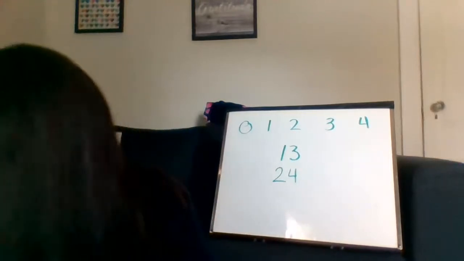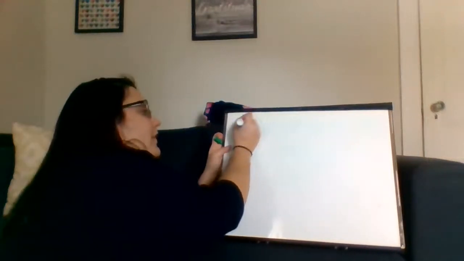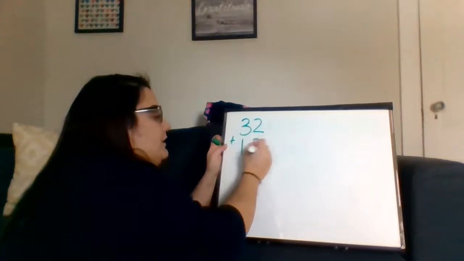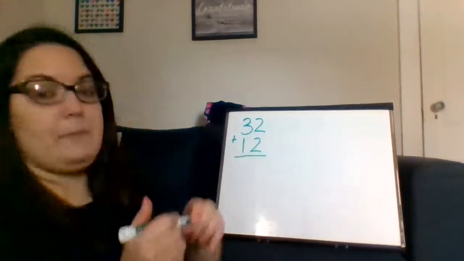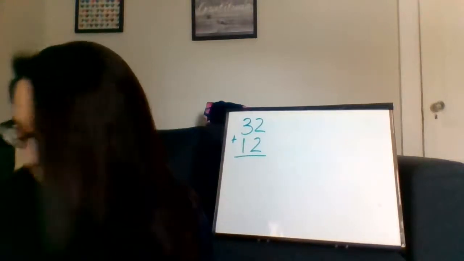So first, let's look at an addition problem with two-digit numbers. Let's say we have 32 plus 12. First thing I need to know is what are my tens and what are my ones.